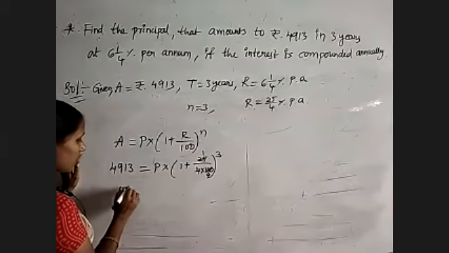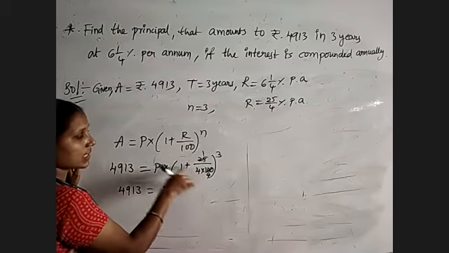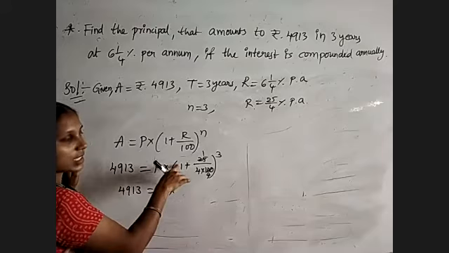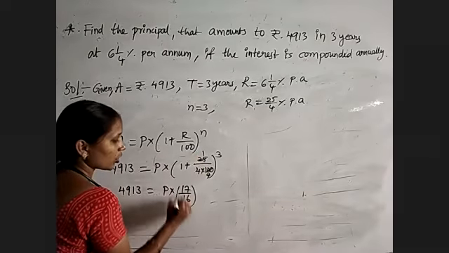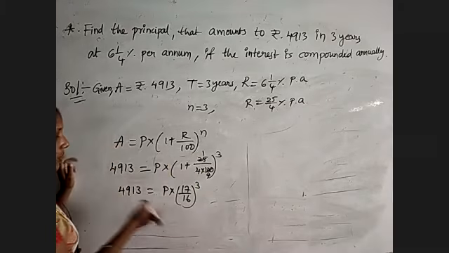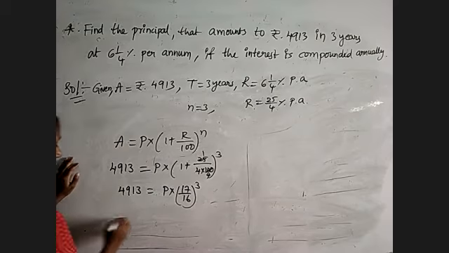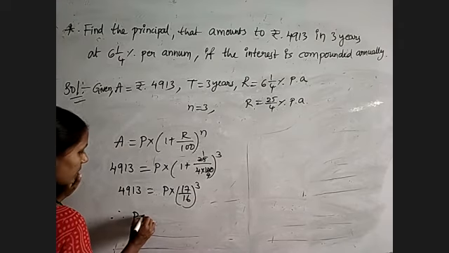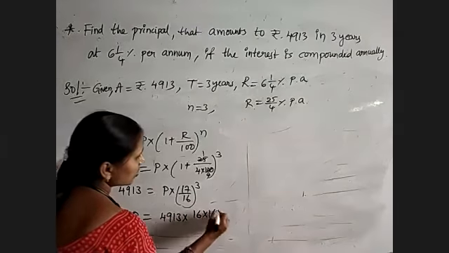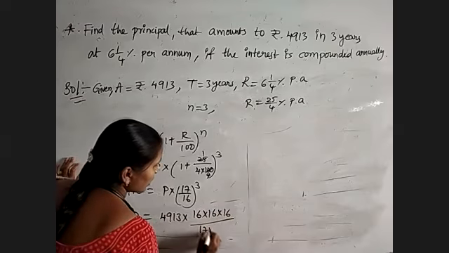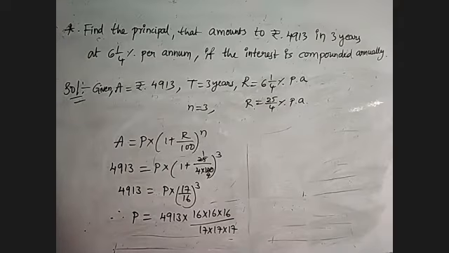So 4,913 is equal to P into 4 4s are 16, 16 plus 1 is 17, 17 by 16 whole cube. So bring this here, that will be 16 by 17 whole cube. Therefore, P is equal to 4,913 into 16 into 16 into 16 by 17 into 17 into 17.